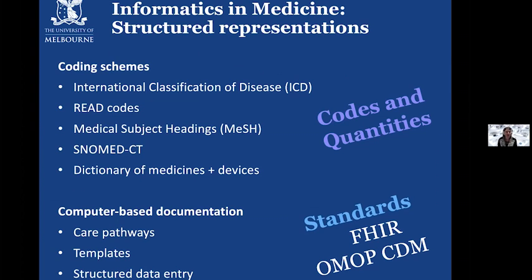There's a large number of examples of relevant coding schemes, such as the ICD, read codes from the UK, which I guess are being deprecated, but anyway, they were in use for quite a long time. Medical subject headings, of course, that you'd be familiar with from PubMed, SNOMED CT, and so on.